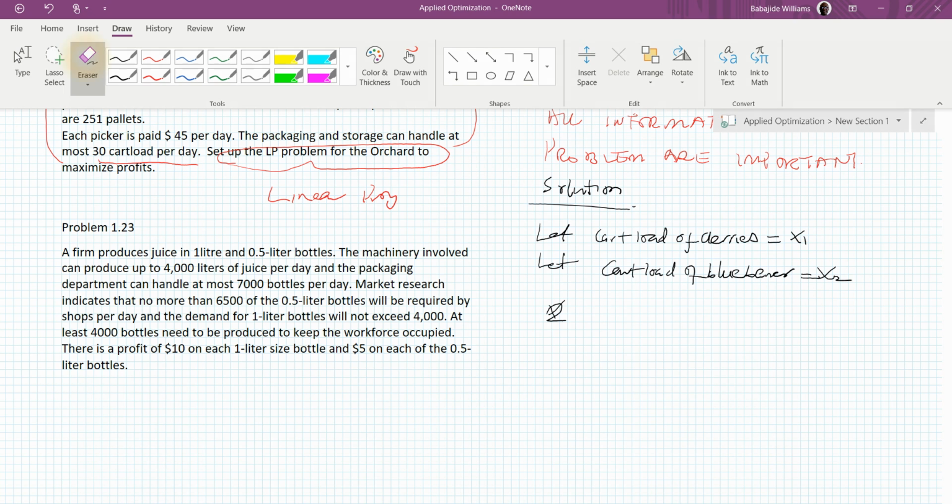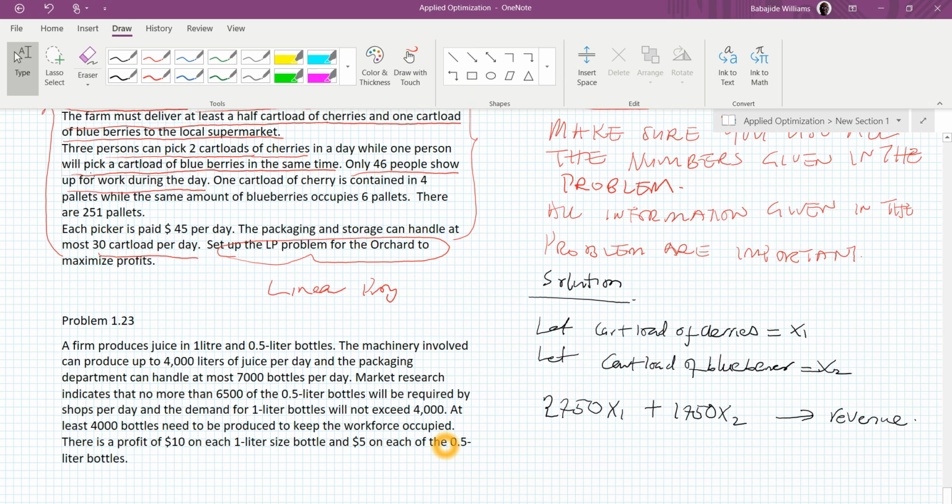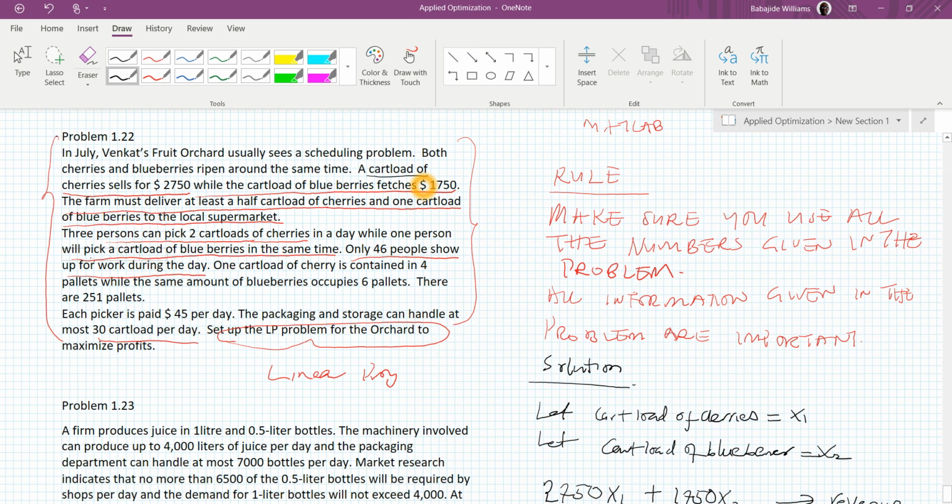So 2,750 x1 plus 1,750 for blueberry x2 is my revenue here, and this is what I'm trying to maximize. But that's not the end. The game is not over. So let's go to the next line. We've been able to write an objective function for that. Why, the cartload of blueberry fetches that?